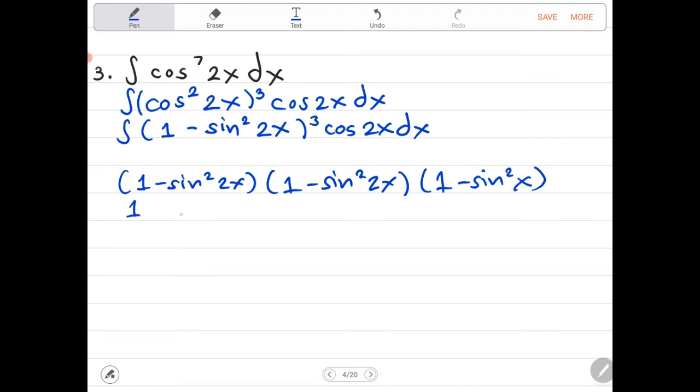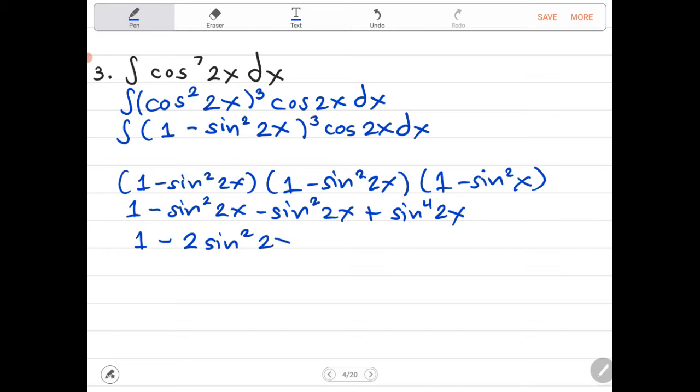So we have 1 minus sine squared 2x minus sine squared 2x plus sine raised to 4 2x. If we simplify this, 1 minus 2 sine squared 2x plus sine raised to 4 2x. So this is for the first two.